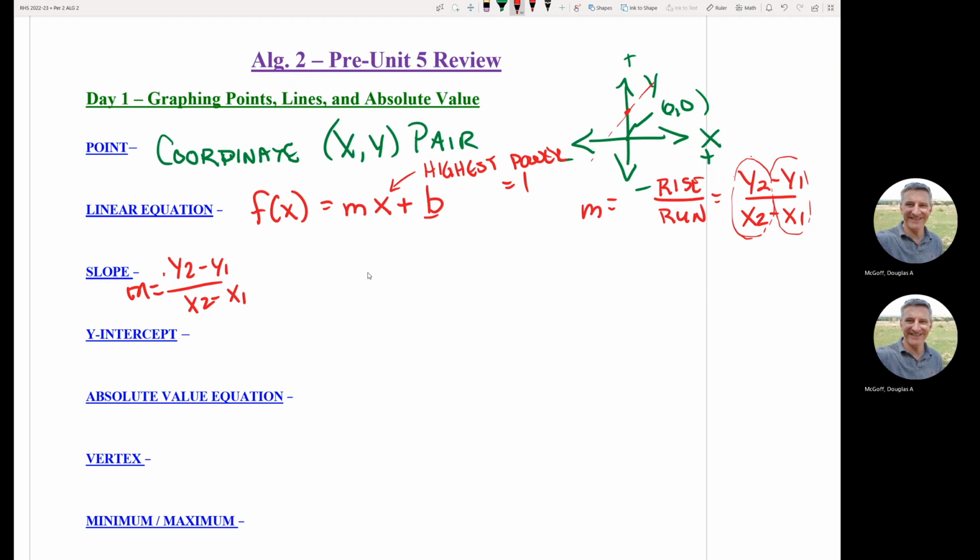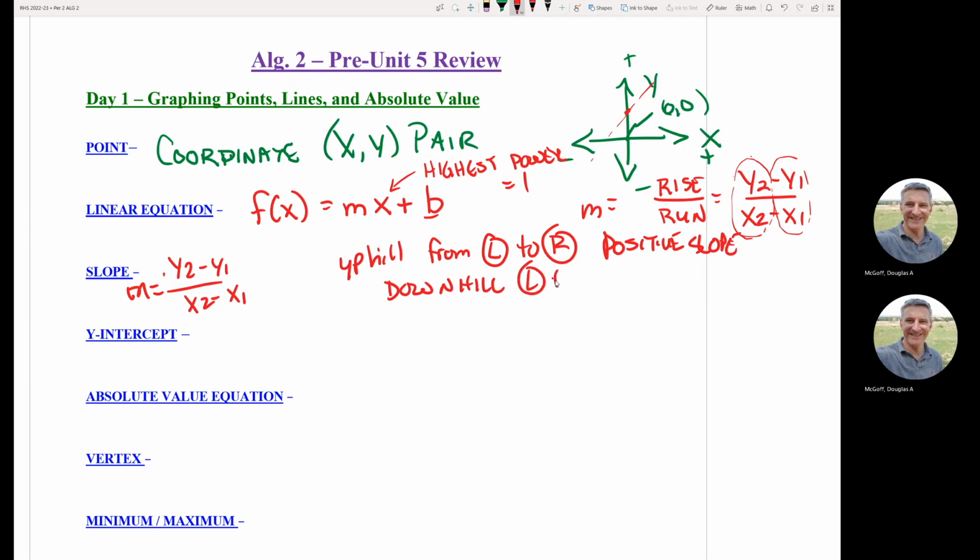If I go uphill from left to right, that is a positive slope. If I go downhill from left to right, that is a negative slope.